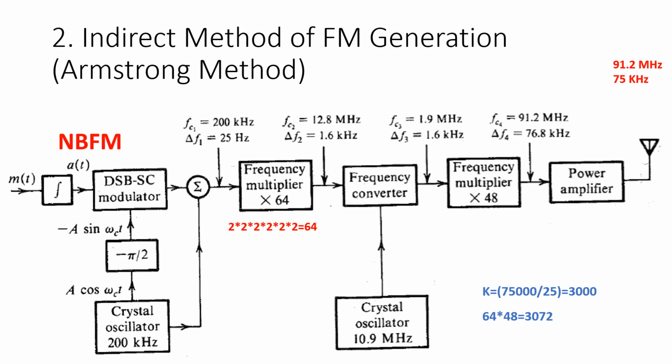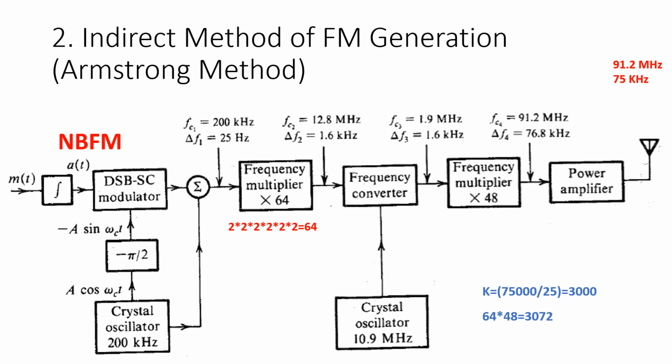The solution is to use a frequency converter or mixer to down convert the carrier. So here the carrier FC2 of 12.8 megahertz is mixed with a locally generated signal of 10.9 megahertz to get FC3 equal to 1.9 megahertz, that is 12.8 minus 10.9 megahertz. The deviation remains unchanged, that's why delta F3 is 1.6 kilohertz.